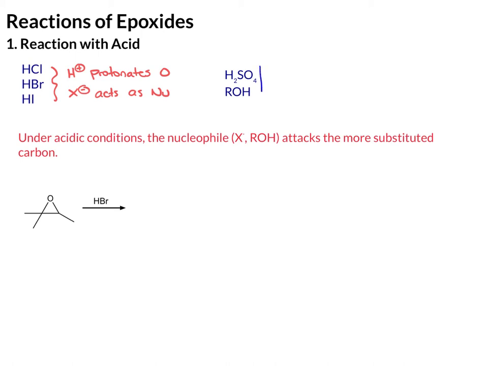Maybe I should box this in just to make it clear that this is a mixture of sulfuric acid and an alcohol. And what this reagent will do is, again, the H plus protonates the oxygen. And then the alcohol, because of its lone pairs on the oxygen, acts as a nucleophile.